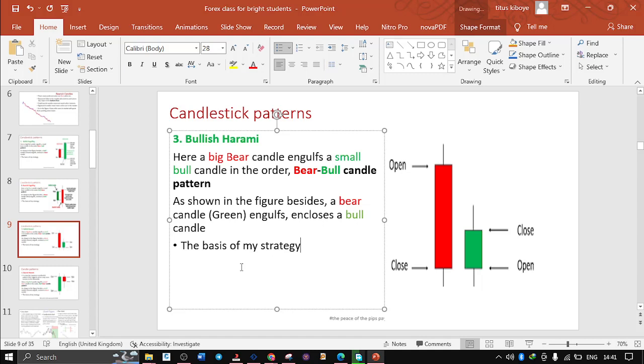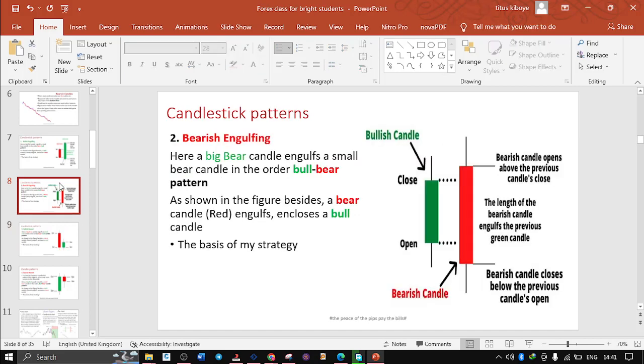A bear engulfing a bull, that is bullish harami. Go back one step. This is a bear engulfing a bull. Then go back to two.